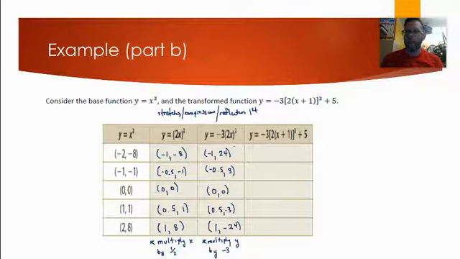All right, so now that we've stretched, compressed, and reflected horizontally and vertically, we're ready to translate. We're going to do both translations at once. Because we're shifting things left, we're going to subtract 1 from x. That will move all the points left. And we're going to add 5 to y.